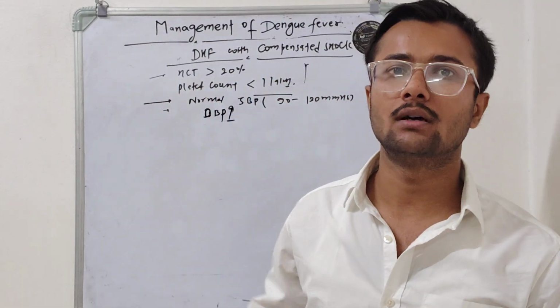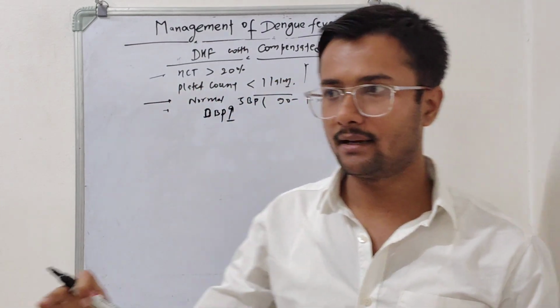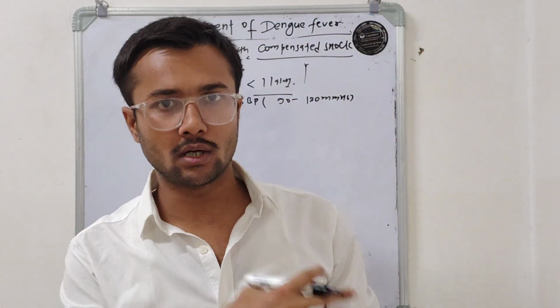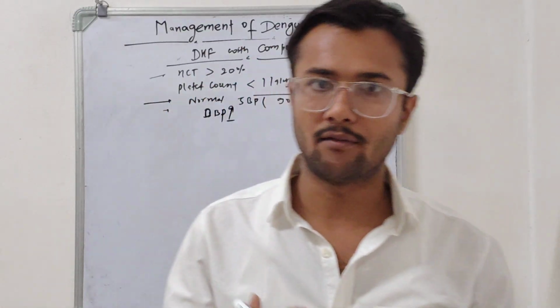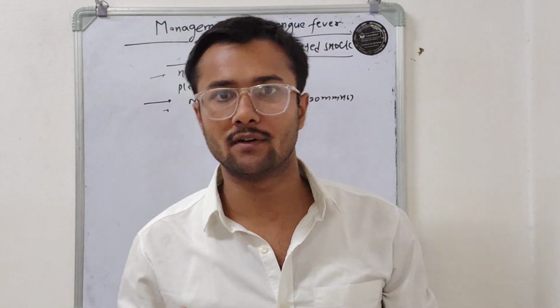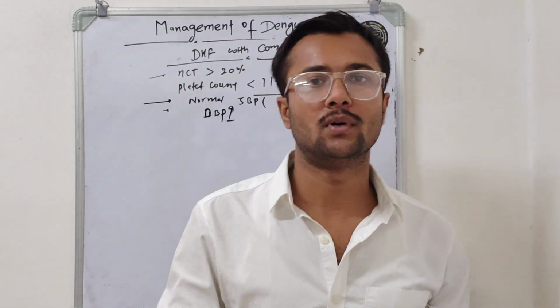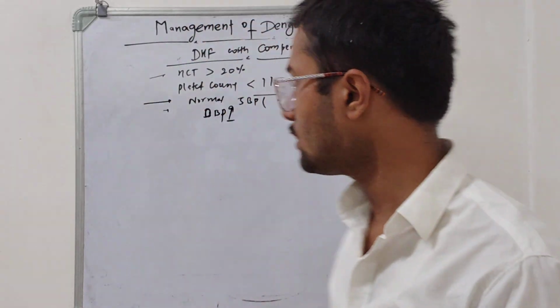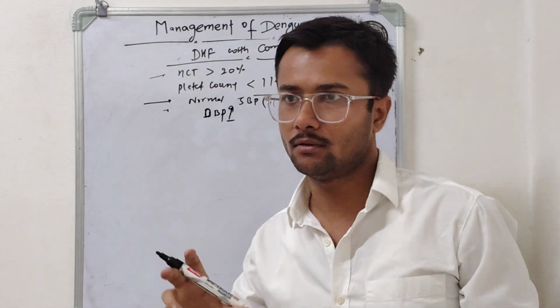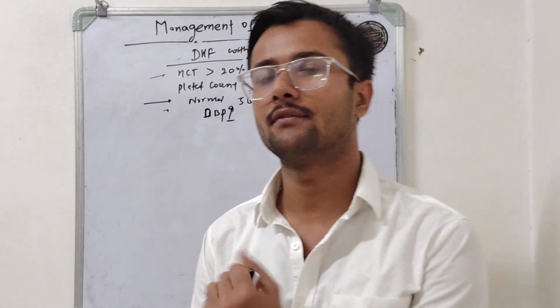They vasoconstrict the peripheral blood vessels and try to supply more blood to our vital organs, because vital organs are more preferable for our system, so they maintain proper tissue perfusion. That's why they vasoconstrict the peripheral blood vessels.